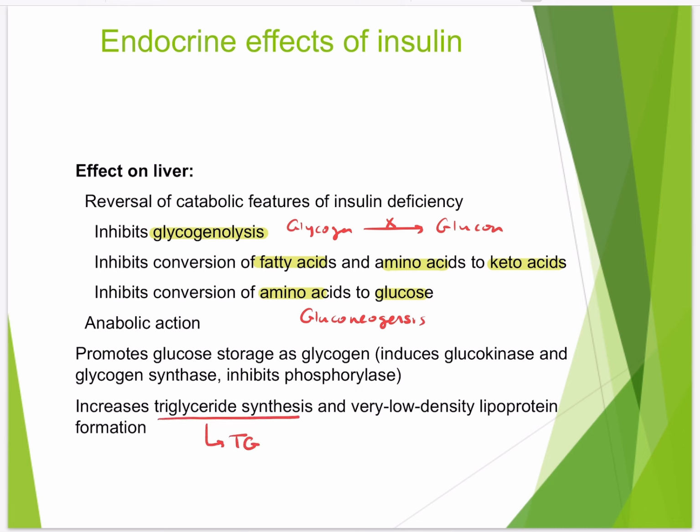It is anabolism. It increases amino acid transport, increases protein synthesis in the ribosomes, increases glycogen synthesis from glucose, increases glucose transport from the blood to the muscle, inhibits phosphorylase, and inhibits glycogenolysis.